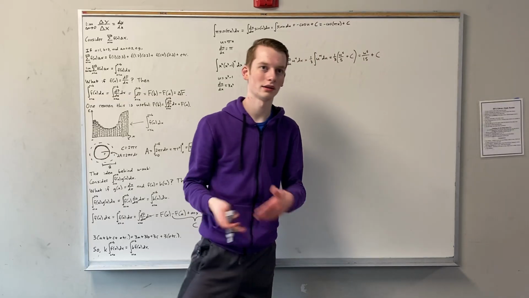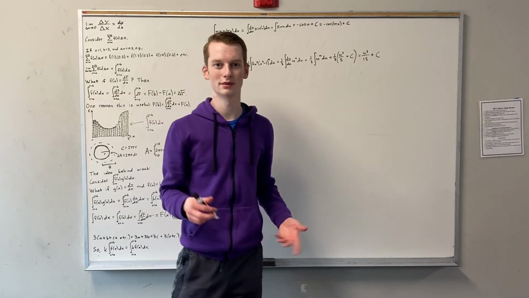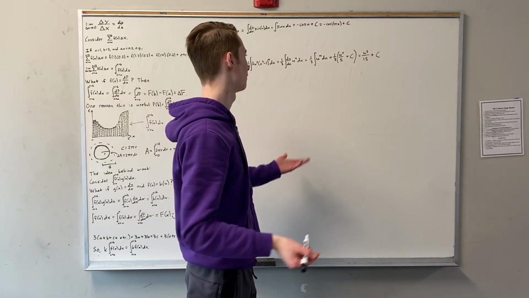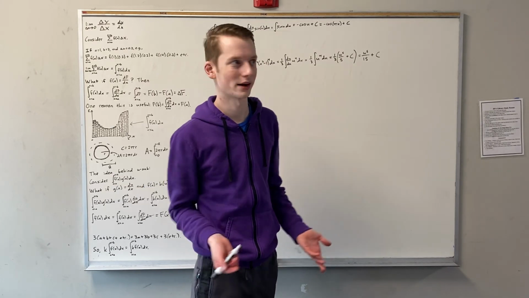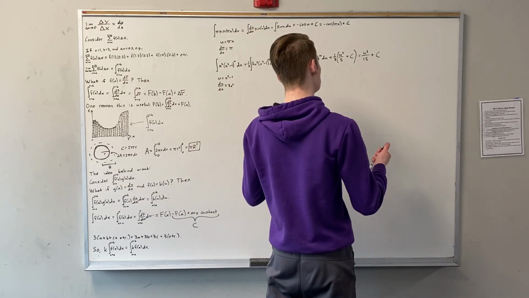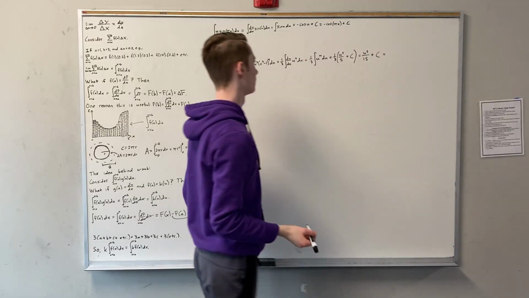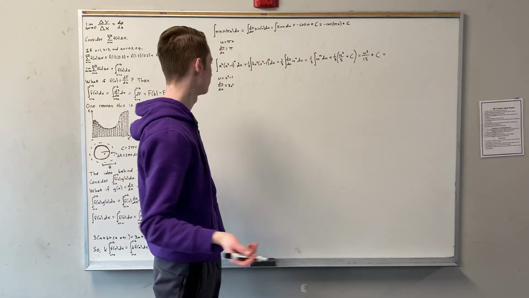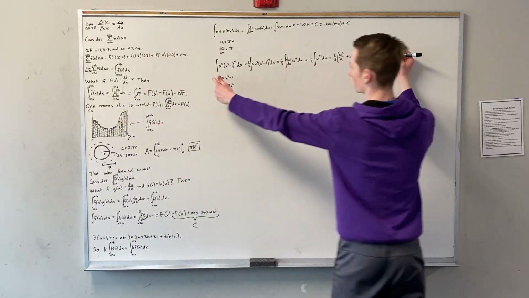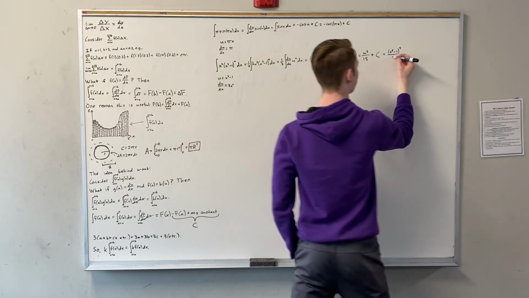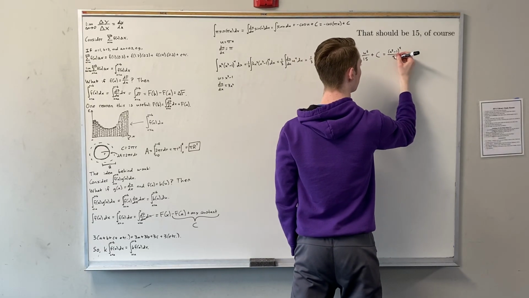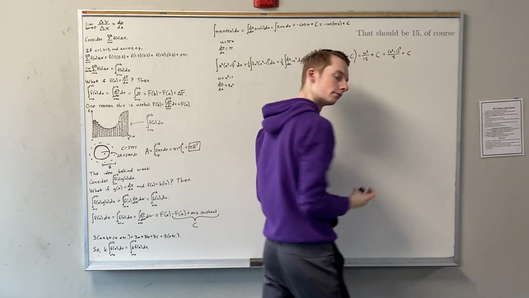You could think of it as getting absorbed into the c, just because c is any number you want. So whether it's multiplied by 1/3 or not doesn't matter. All right, so u to the 5th over 15 plus c, and then just to not leave things in terms of u, plug back in. So u equals x cubed minus 1, to the 5th over 15, plus any constant.